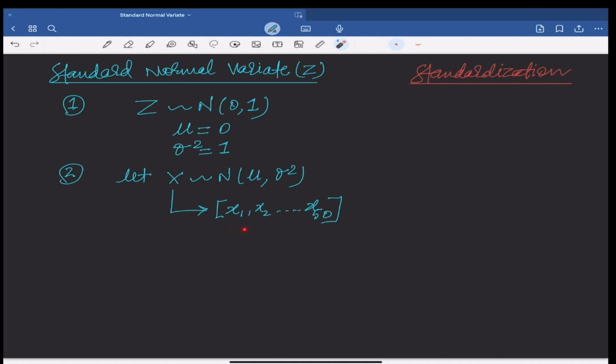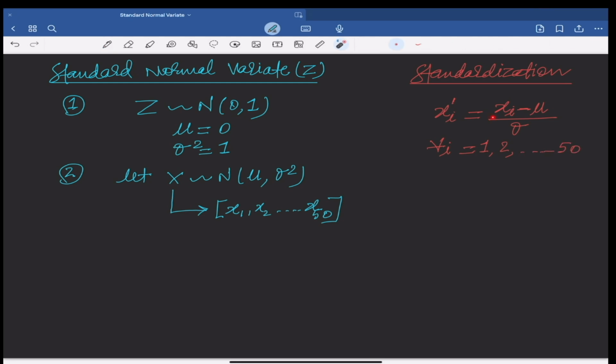So for every xi, let us define a new variable xi dash such that xi dash equals xi minus mean mu, divided by standard deviation sigma, where i equals 1, 2 till 50.